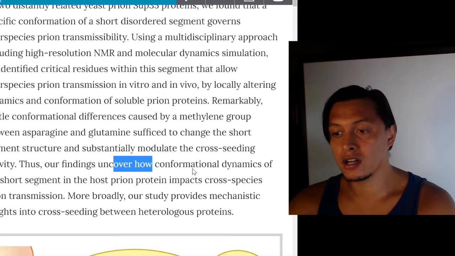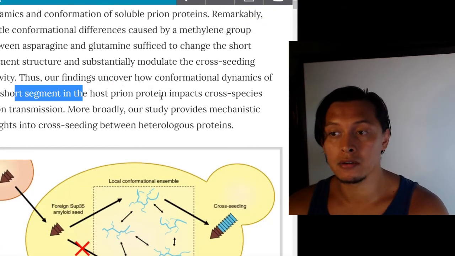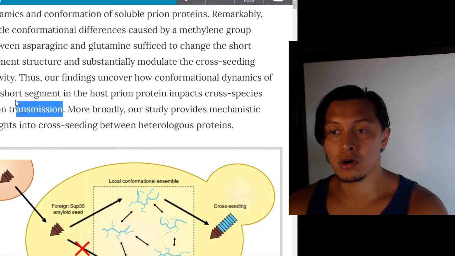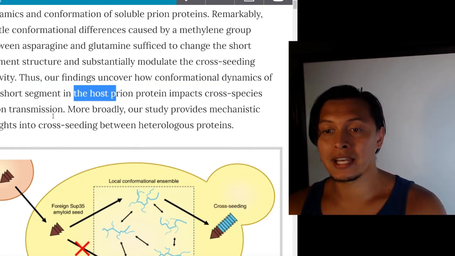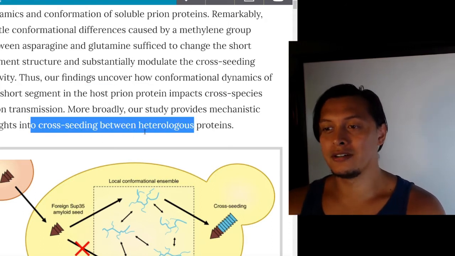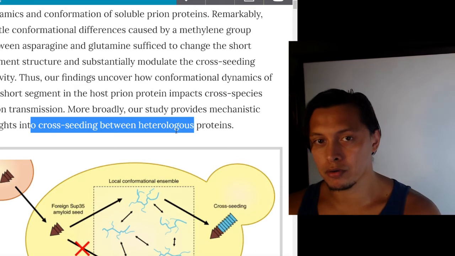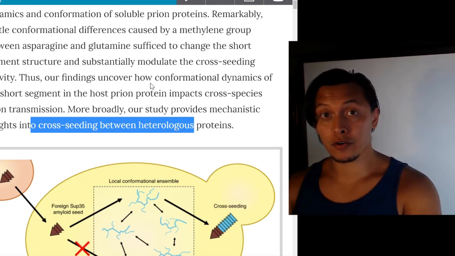Thus, our findings uncover how conformational dynamics of the short segment in the host prion protein impacts cross-species prion transmission. More broadly, our study provides mechanistic insights into the cross-seeding between heterologous proteins. So these are heterologous, meaning they are completely different proteins.